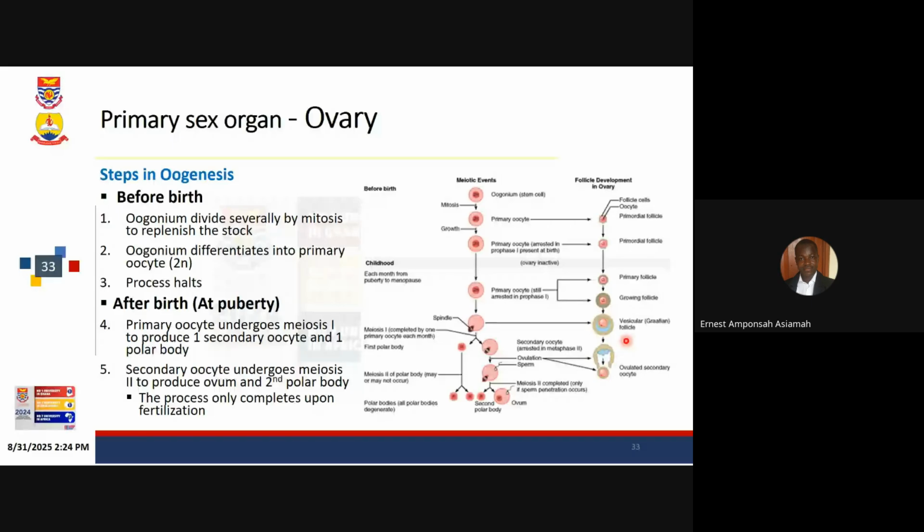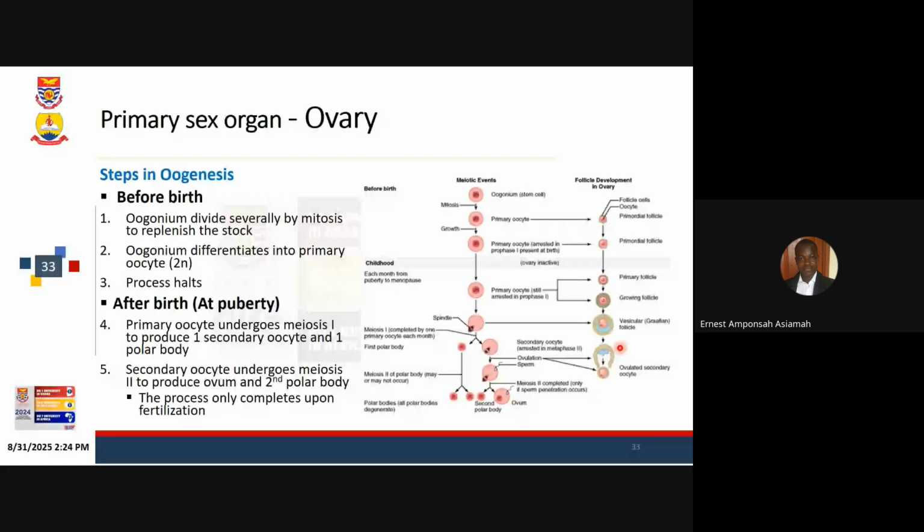After the Graafian follicle, the follicle breaks so that the secondary oocyte is released, and that is what we call ovulation. But just as I keep on saying, the secondary oocyte would become the ovum.